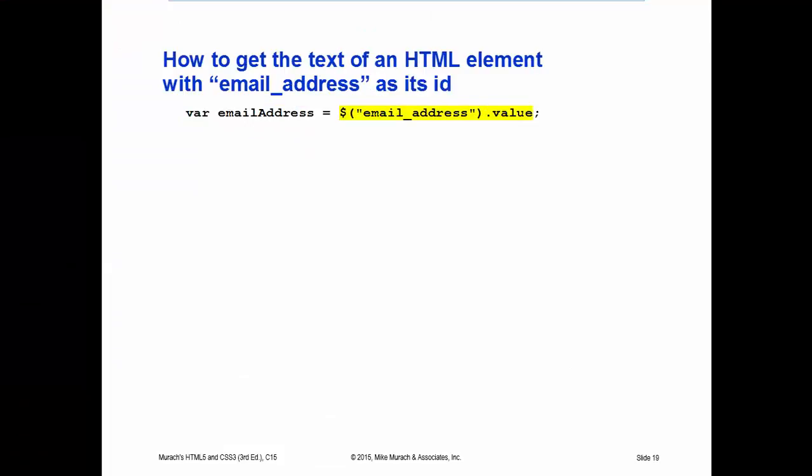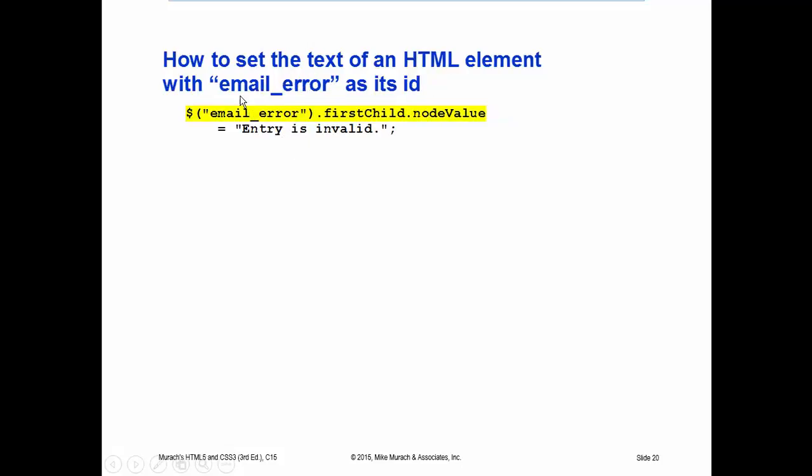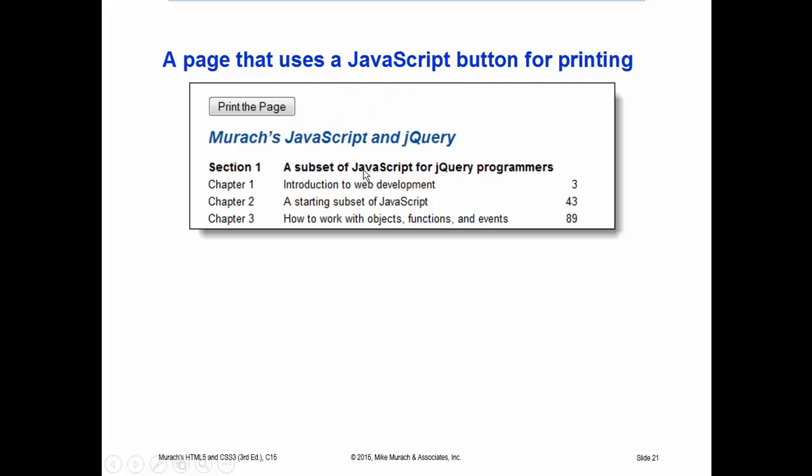So here's how to get something, because you're taking it on the right-hand side of an equal sign and assigning it there. Here is how to set something, because it's on the left-hand side of an equal sign. All right. They talk about printing, and it says a page that uses a JavaScript button for printing.